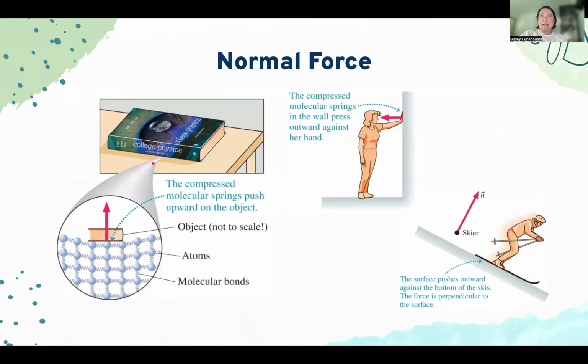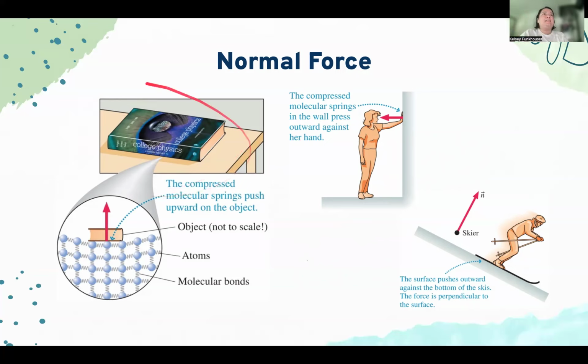Another one that we're going to see a lot is called normal force. And it is not called normal force because it's just like the typical force or something. No, it means normal, like perpendicular. So when you have two surfaces coming into contact with each other, there's a force acting between them, pushing back against each other.